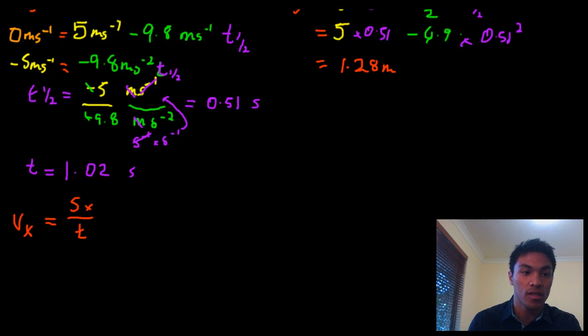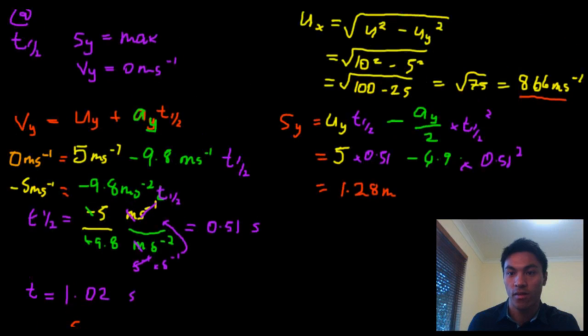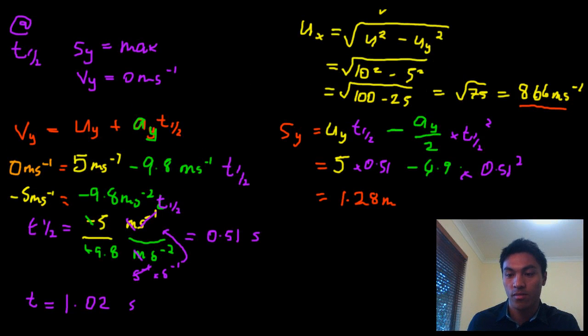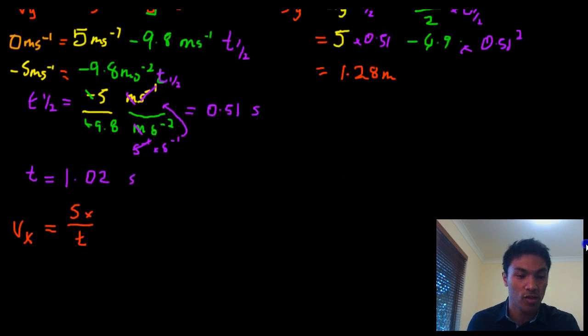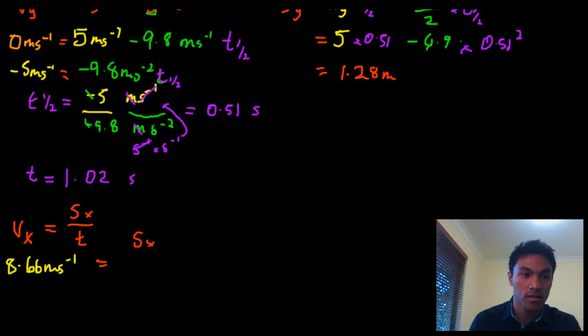Our velocity in the x direction we found was 8.66. Let's have a look up here. 8.66 meters per second. It stays constant the whole time. So 8.66 meters per second equals our displacement in the x direction divided by our full time, which is 1.02 seconds.